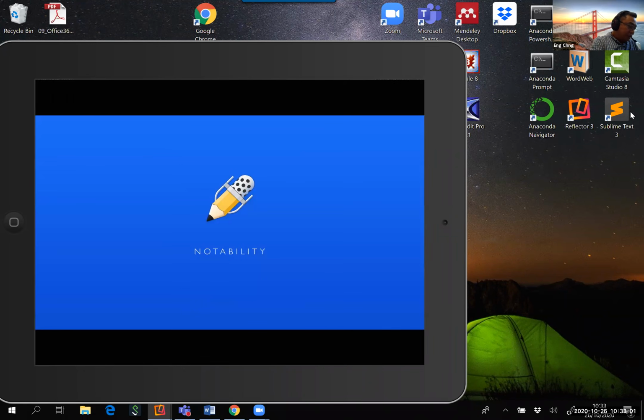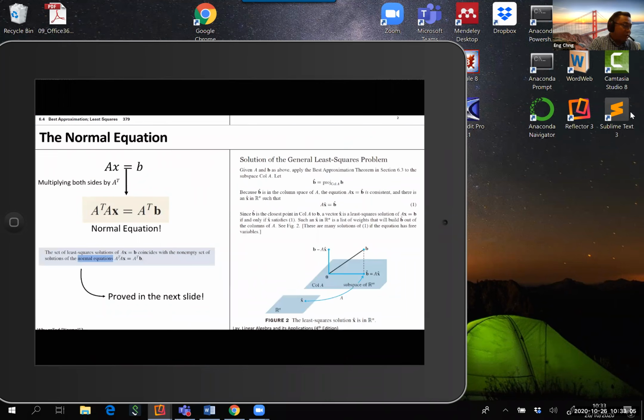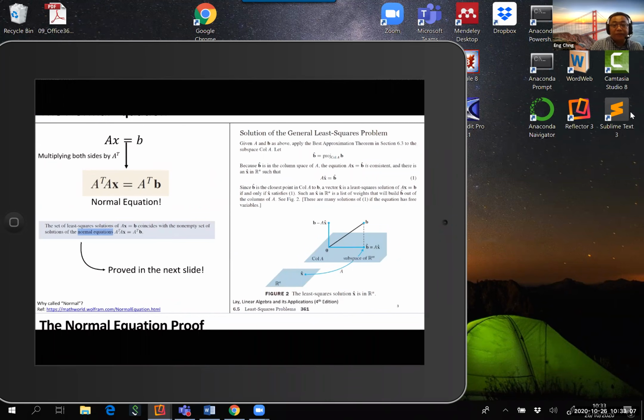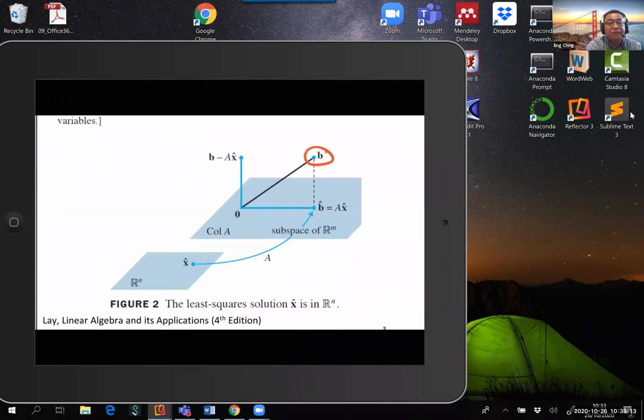Please go to your slides, 7.1.3. This is the picture that we are always working on. This is B, the point that we are interested in. It is a point in a vector space. And this is the matrix A given to us.